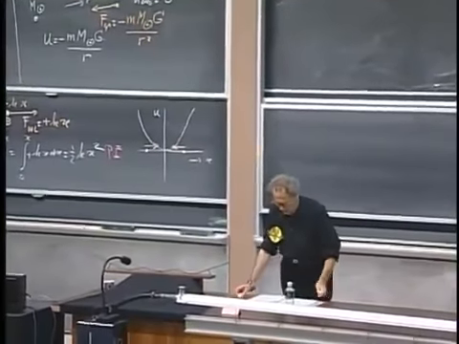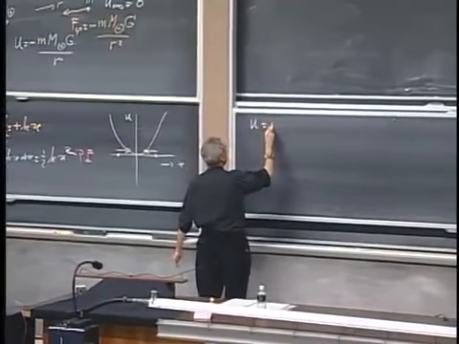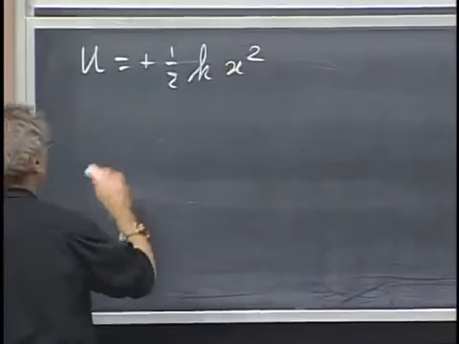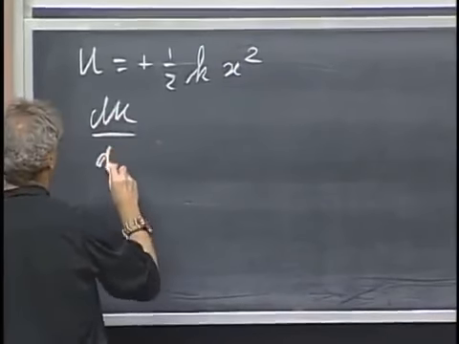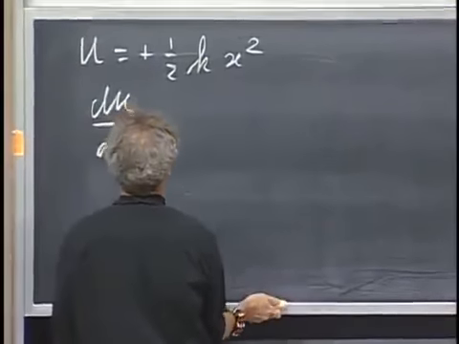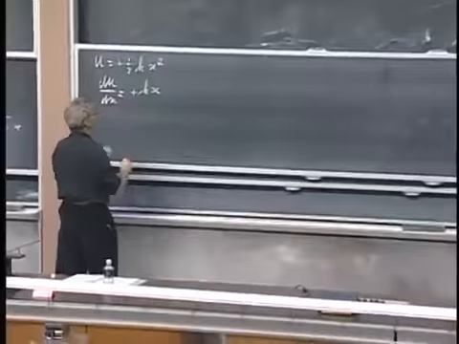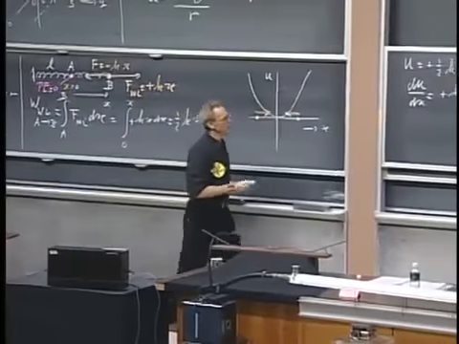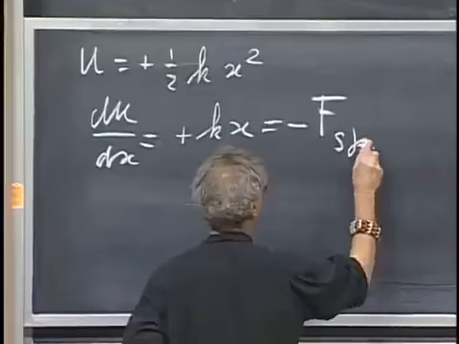The potential energy U of the spring equals plus 1/2 kx squared. If I take the derivative of that versus x, I get plus kx. But the spring force itself is minus kx. So this equals minus the spring force.